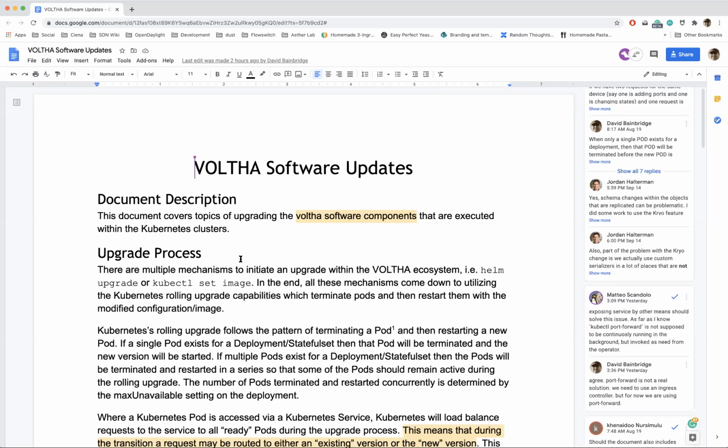In the vOLTHA case, given that even tearing down vOLTHA will not disrupt the main functionality that is getting users out to the internet, I think it would be an easier approach for us to have the maintenance windows, unless there is a concern from the operator that we need to be able to make changes at any given time in life.